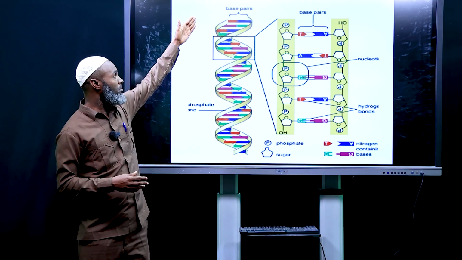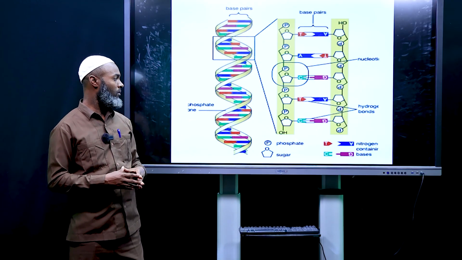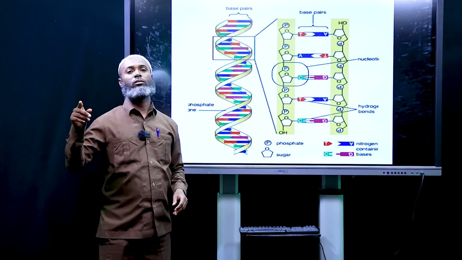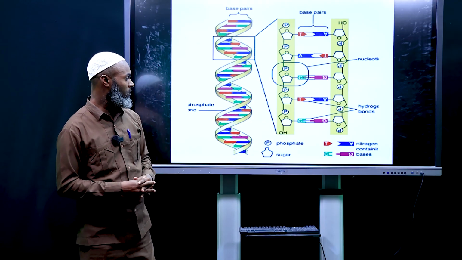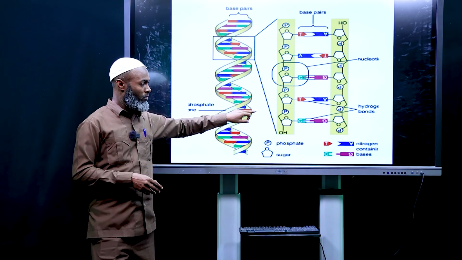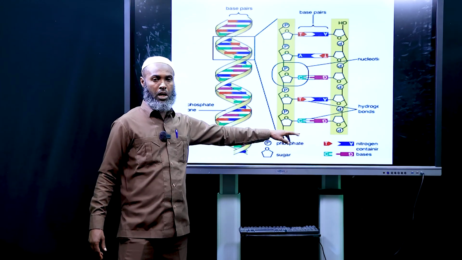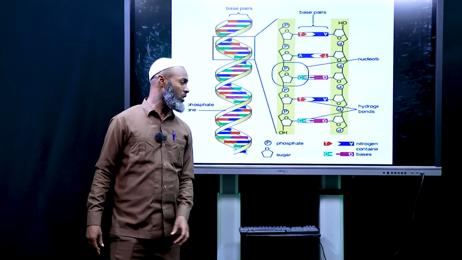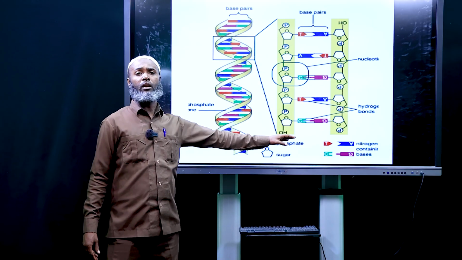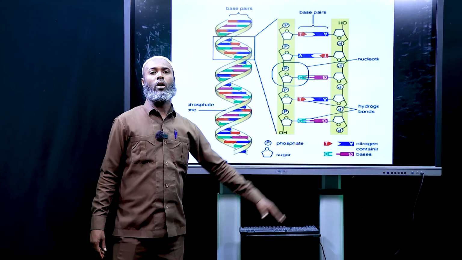This is a base pair, and we have phosphates, and we also have sugar, pentose sugar. This is the way nitrogenous bases complement each other. Thymine always pairs with adenine, cytosine with guanine.